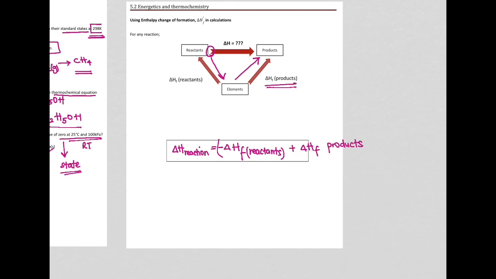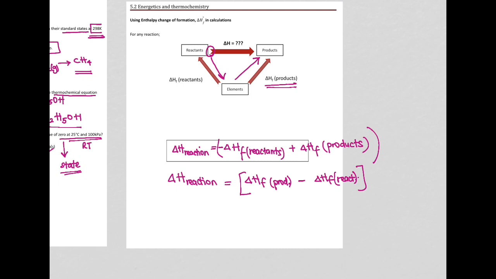If we're writing it like this, we can also rewrite it properly to avoid the negative sign at the beginning. So delta H of any reaction is delta HF of products minus delta HF of reactants.